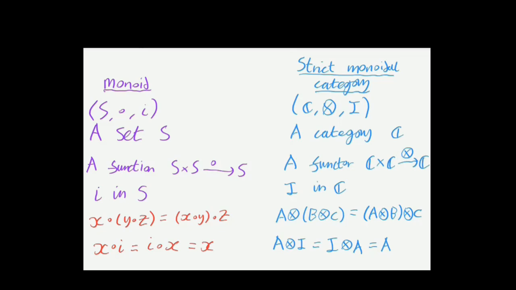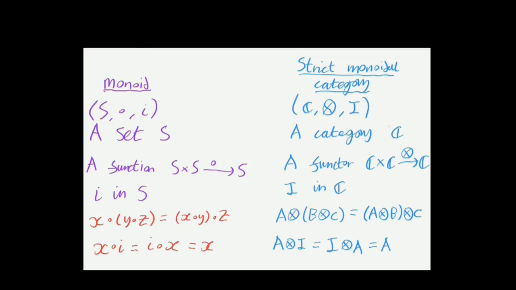And we also have a special kind of object in our category, which we call the unit object. And then we also want this functor to satisfy this associativity condition.